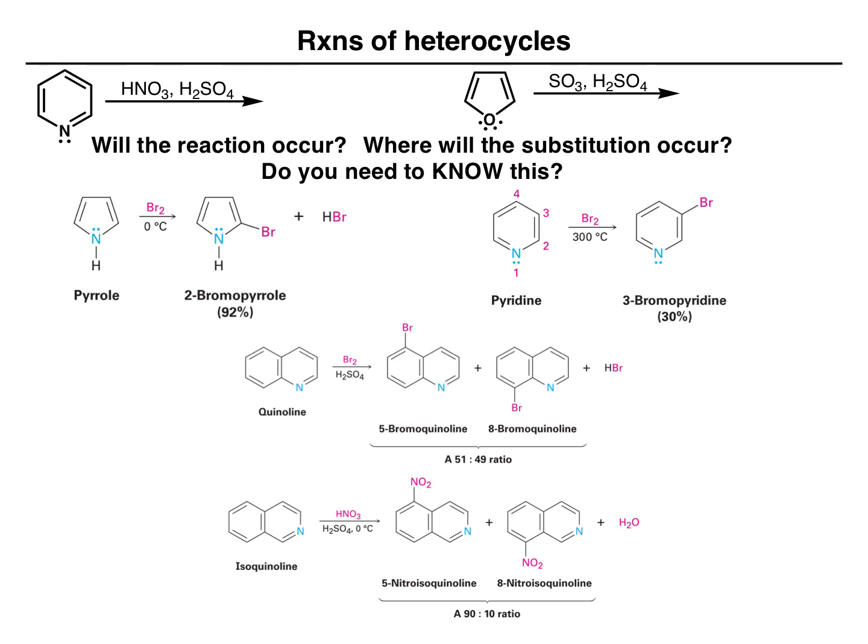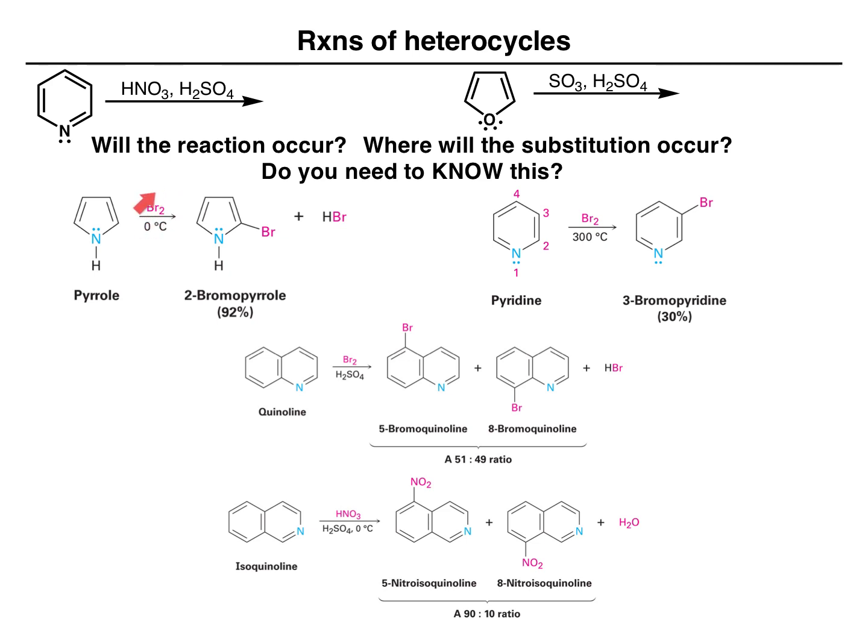Let's just look briefly at a couple of examples of electrophilic aromatic substitution on amine heterocycles. So pyrrole can undergo bromination at this position selectively, and the reaction conditions are pretty mild. What we saw previously for benzene-like compounds, we needed to use bromine and a Lewis acid catalyst to be able to get the reaction to occur.